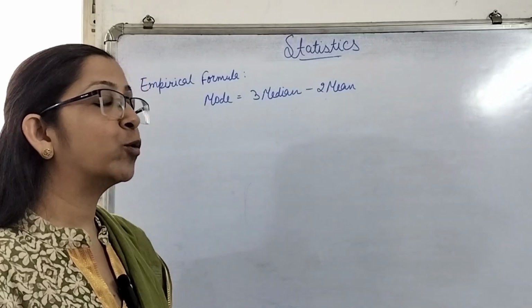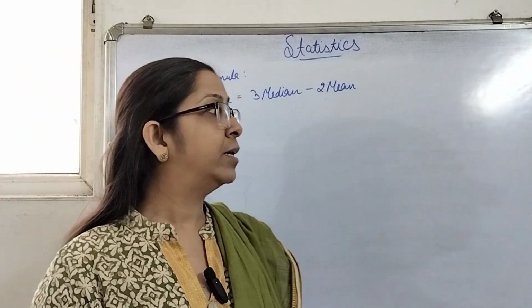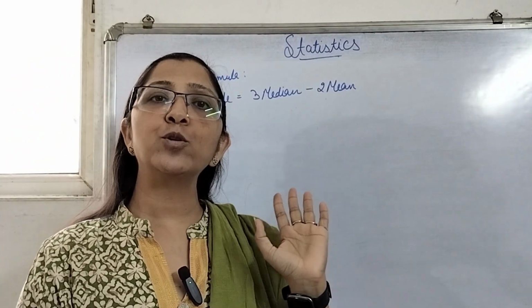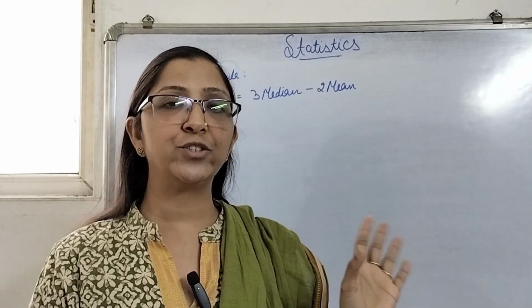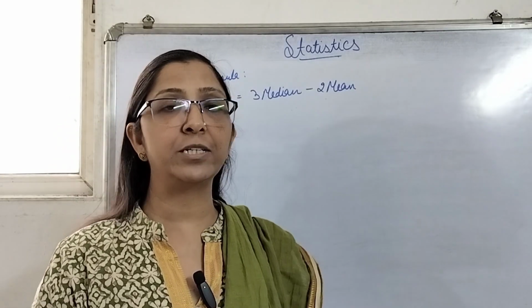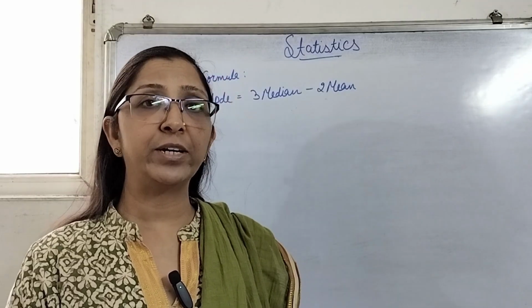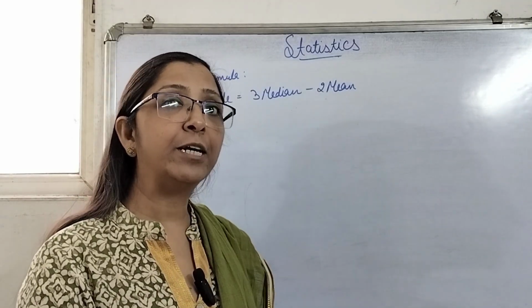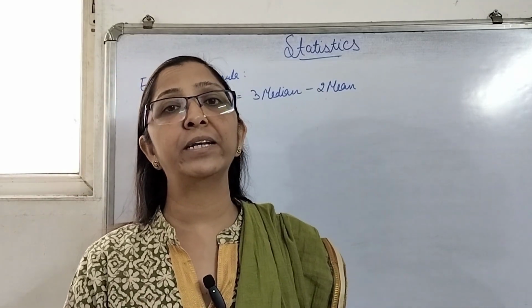Now, one more type of question generally comes in the exams: suppose all the observations, whatsoever they are, are increased by a fixed number, or decreased by a fixed number, or multiplied by a fixed number, or divided by a fixed number.